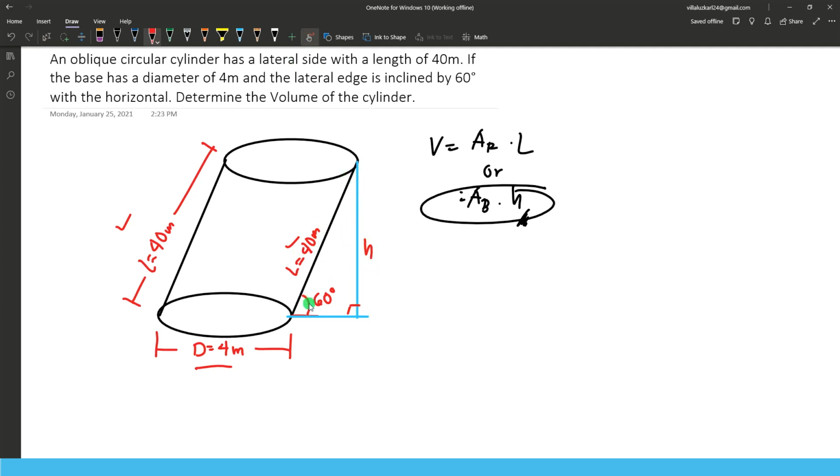So given an angle of inclination of 60 degrees, we can use the sine function. Using the sine function, we can determine h.